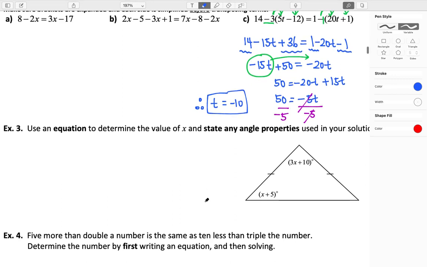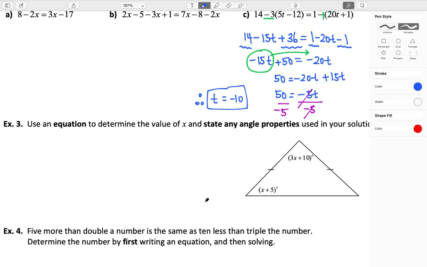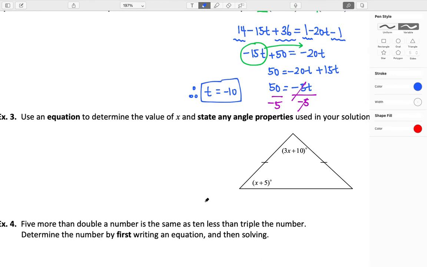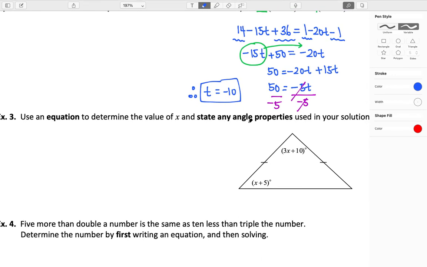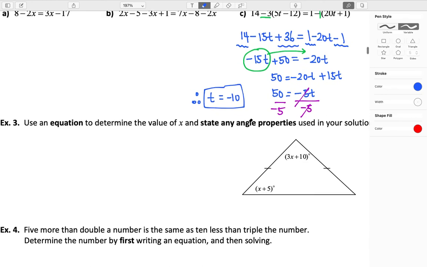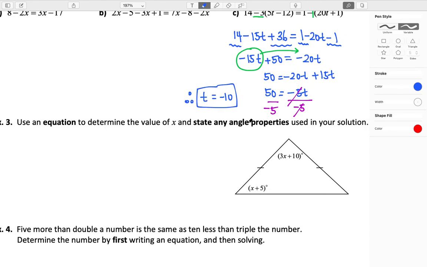Now, example 3 is a little bit different. It's the same idea, but we are looking for the value of x and to state any angle properties used in your solution. In this case, we're given an isosceles triangle, and to look for x, we have to set up an equation. If it's isosceles, this angle must be the same as this angle.